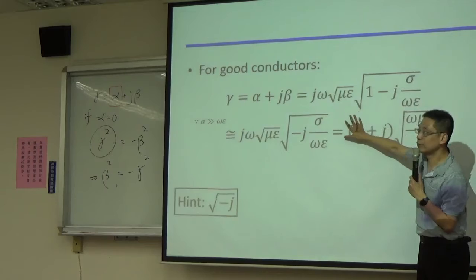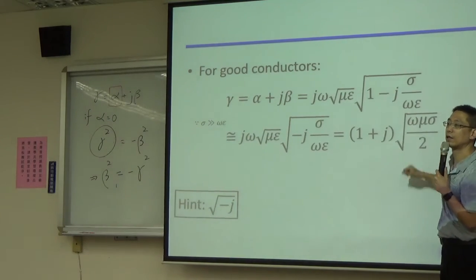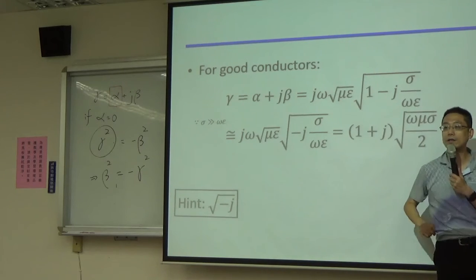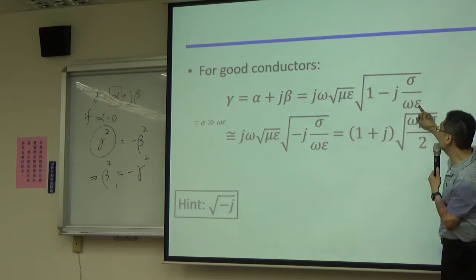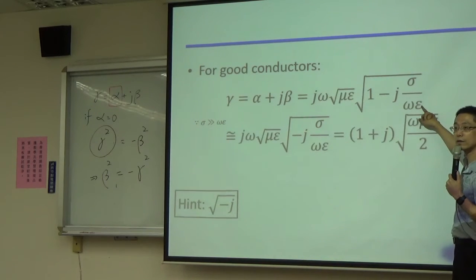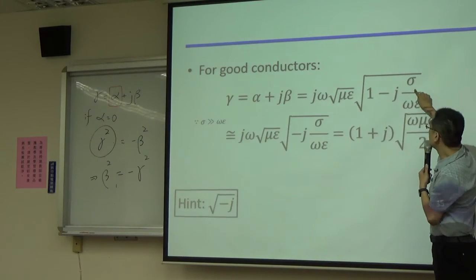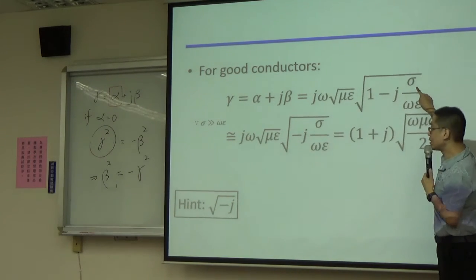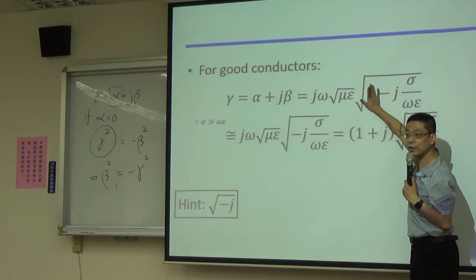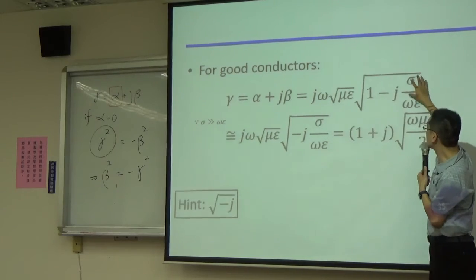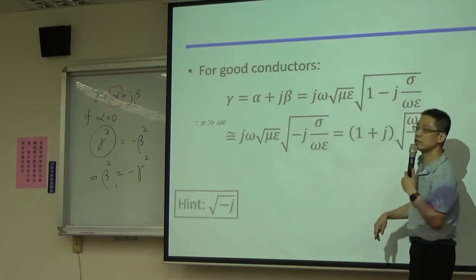You times this one too, and the beta is j times also this one. If that is a good conductor, which means your sigma is larger than omega epsilon. If this term is larger than this term, you don't have 1. But if not, you cannot omit 1, right? But this one can become only this part, and you can take this easily.